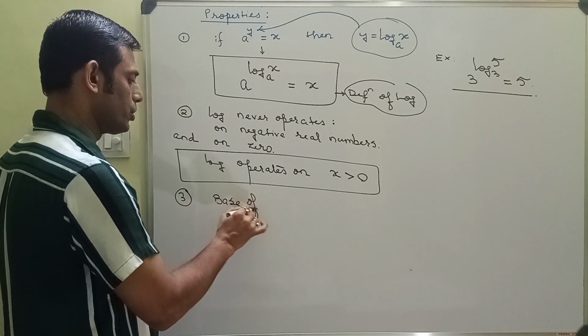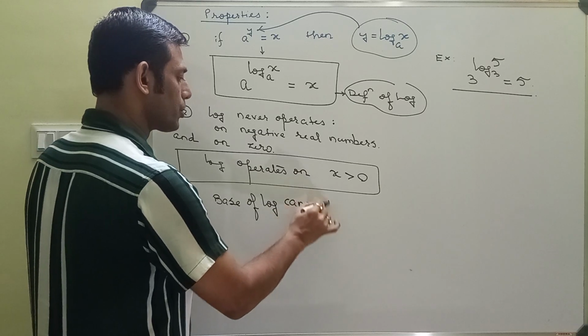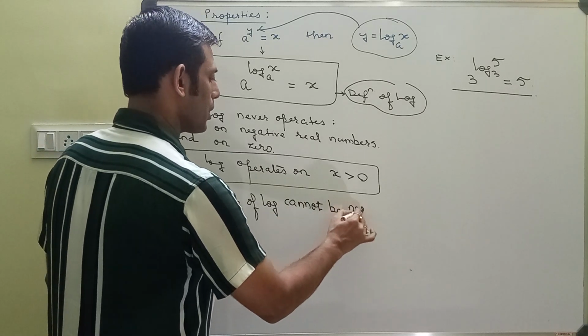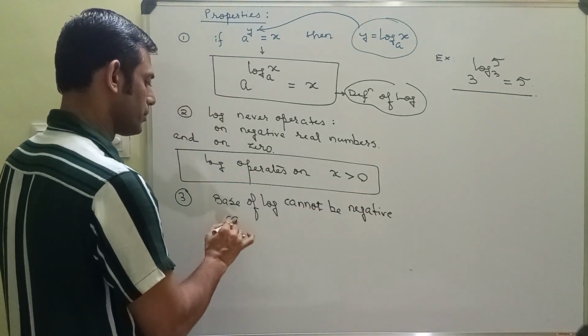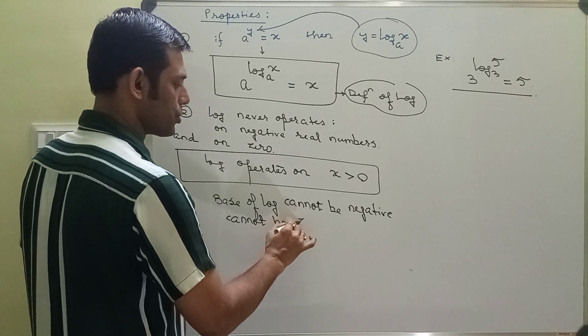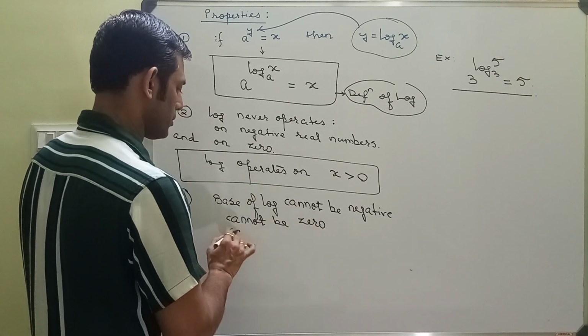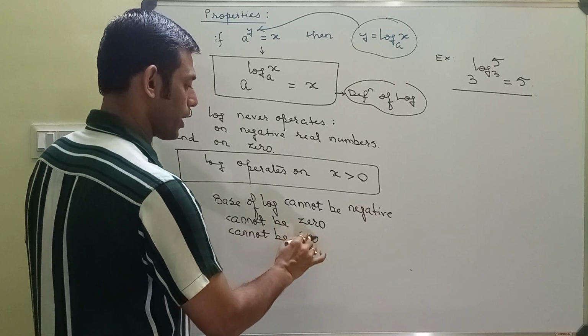Point number 3: the base of log cannot be negative, cannot be 0, cannot be 1.